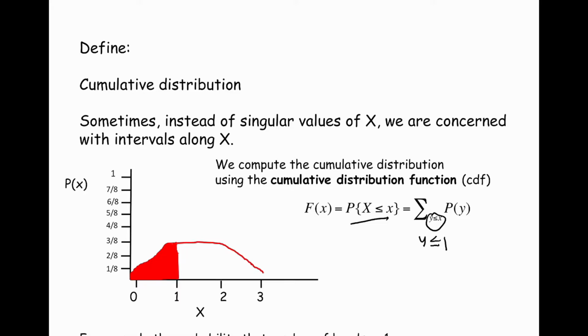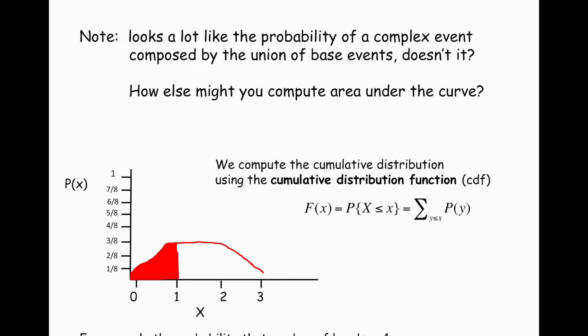Okay. So this looks a lot like the probability of a complex event. If you examine it, when we talked about complex events, even though it's a random variable, we talked about this idea of taking the union of simple events in order to form a complex event. And then we said if those simple events are non-overlapping, you can certainly compute the probability of the complex event by summing together the probabilities of the simple events.